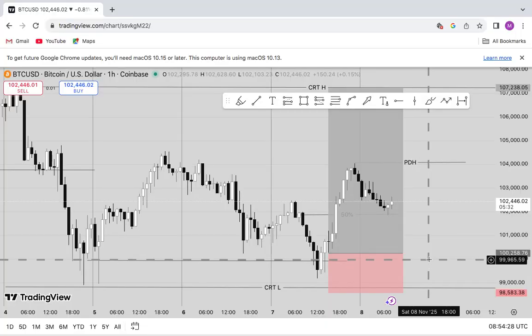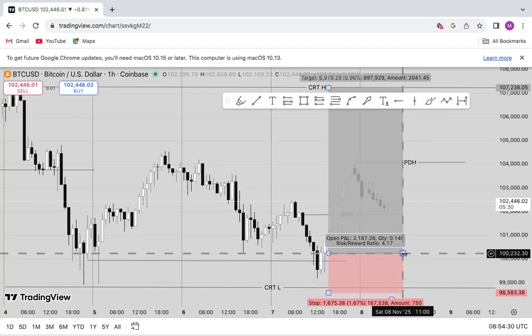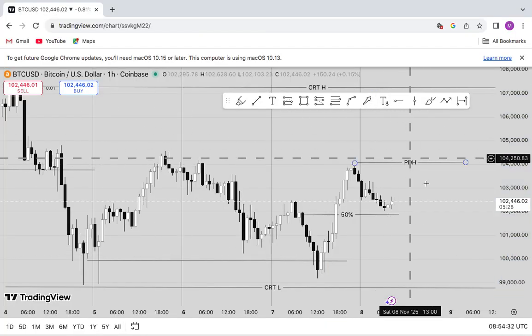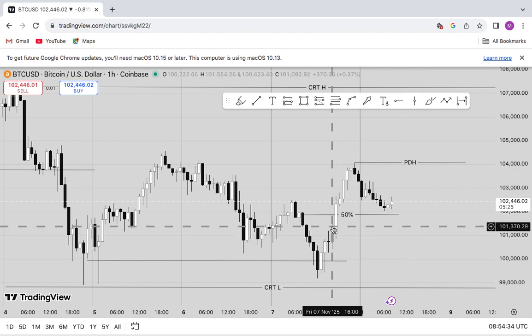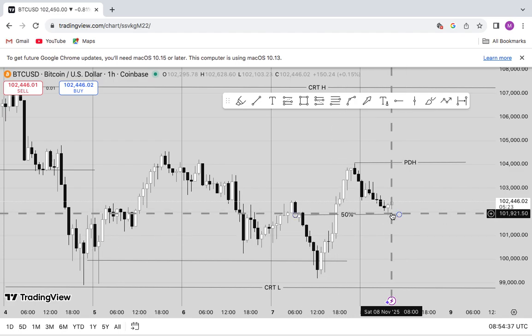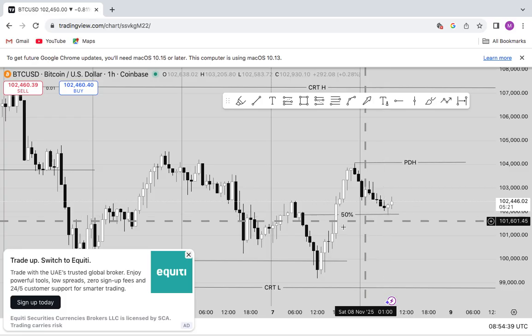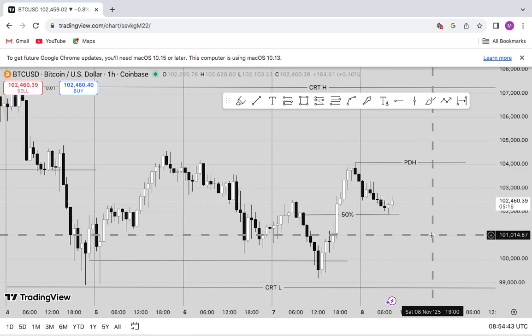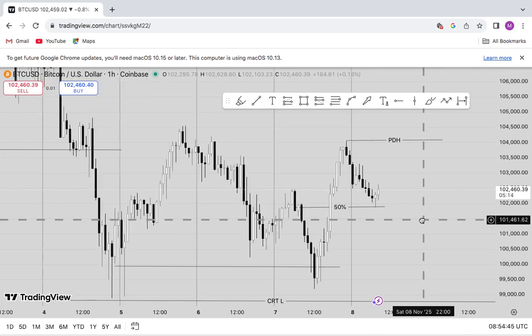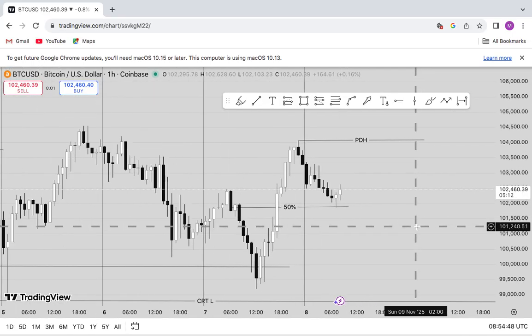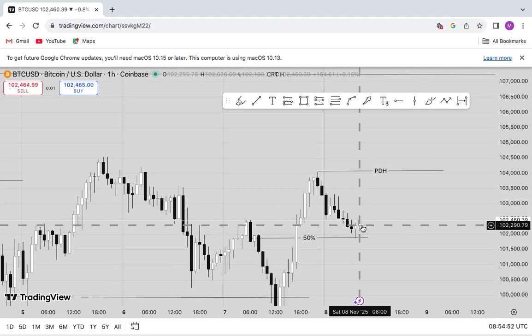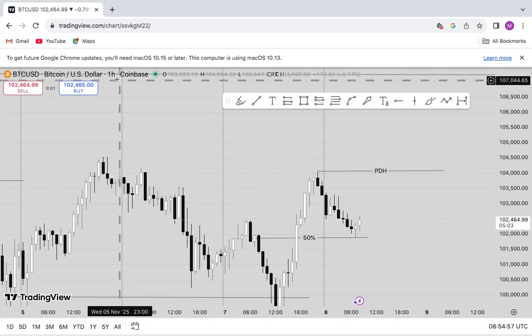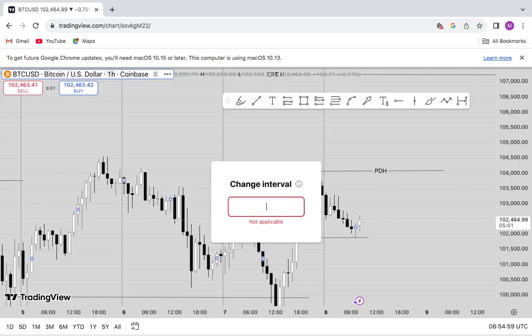So you could have an entry like this, but now you are trying to look at price on this fair value gap, which is an internal range liquidity, and on this 50% key level. So that's why your 50% key level is always important when analyzing. On this 50% key level, we are looking at this candle should close. Immediately you see a close of this candle, you go to your 15 minutes.